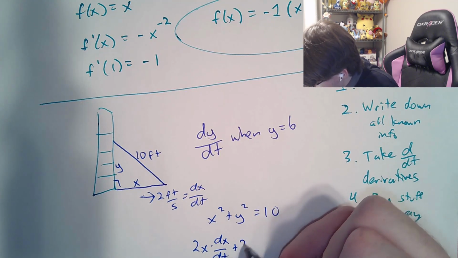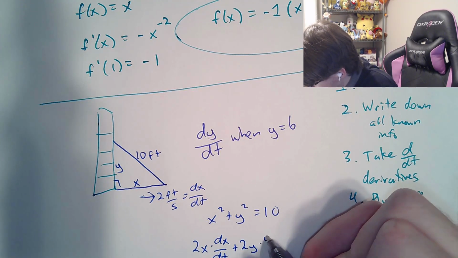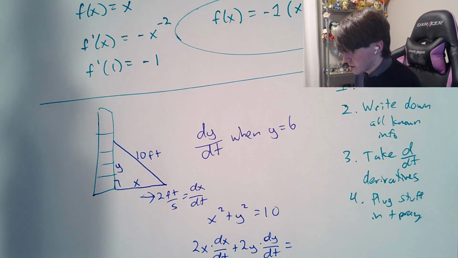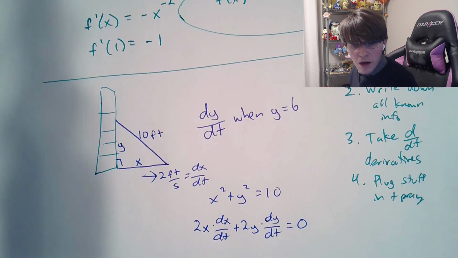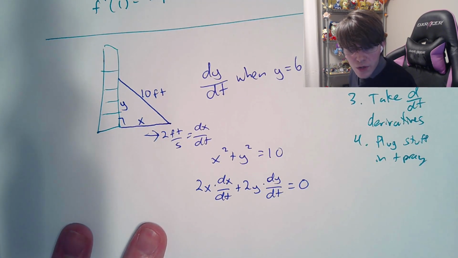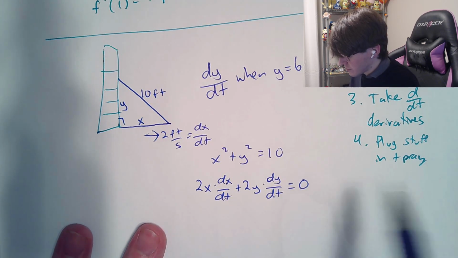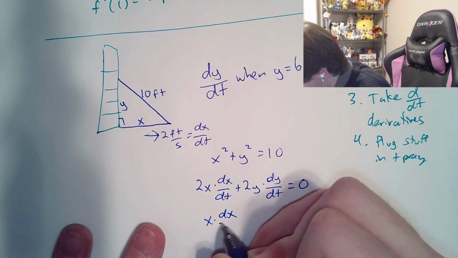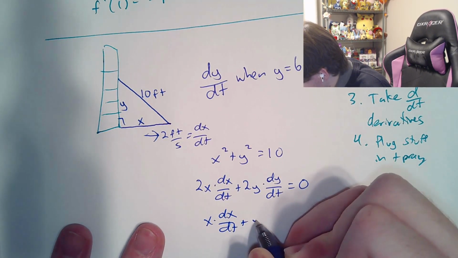The derivative of y squared is 2y, and now we put a dy over dt. And our value over there is 0. Derivative of 10 squared is 0. After that, we don't need these 2's. You can divide everything by 2, so the 2's are just gone. So I'll rewrite this one more time without any 2's, because those are a waste of time.